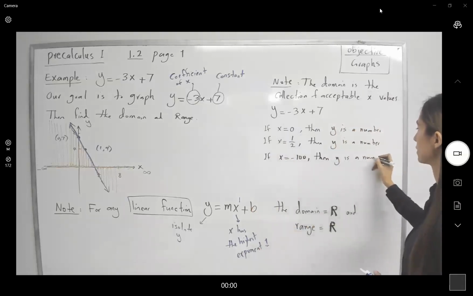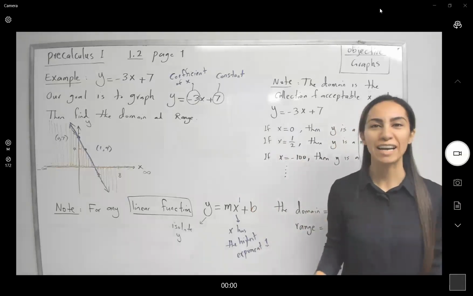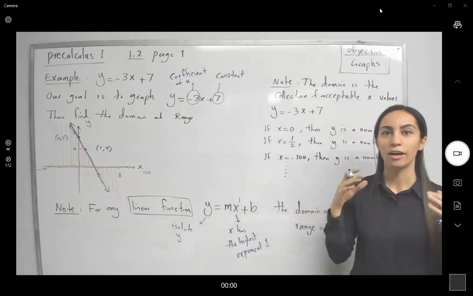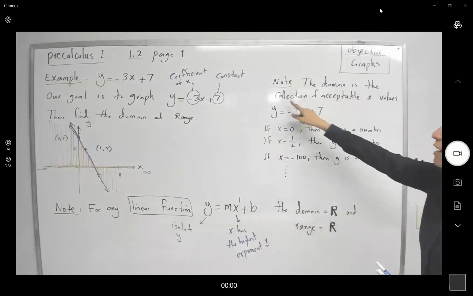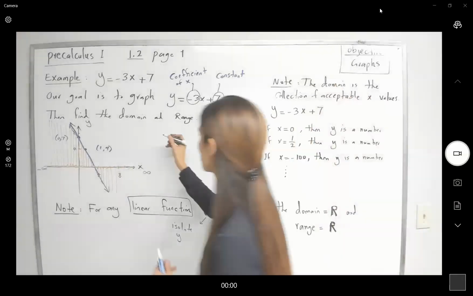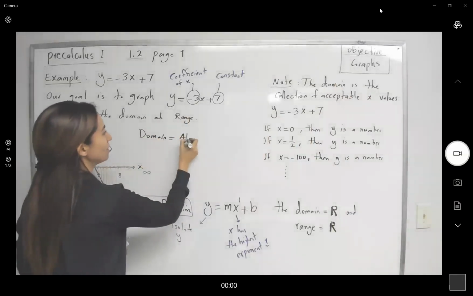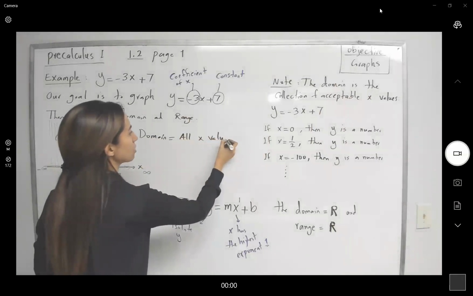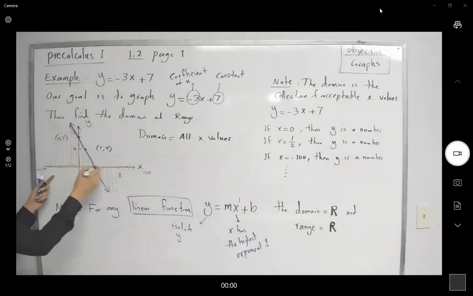So what's the meaning of that? I can continue this process. There is no x that I should eliminate. All x values are acceptable. So the domain is all x values. But where does this come from? These x values are coming from the real line.